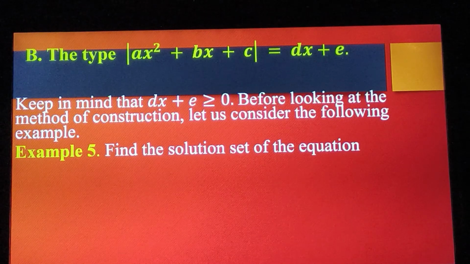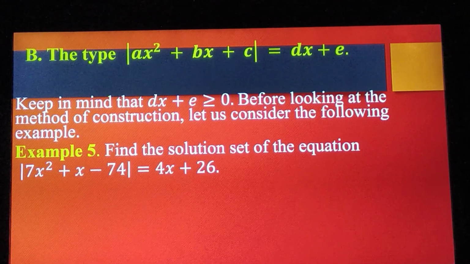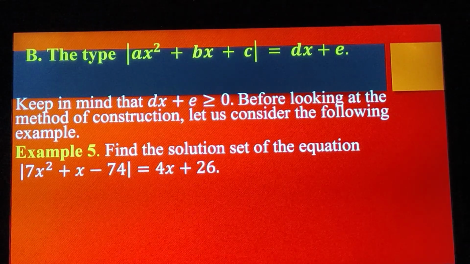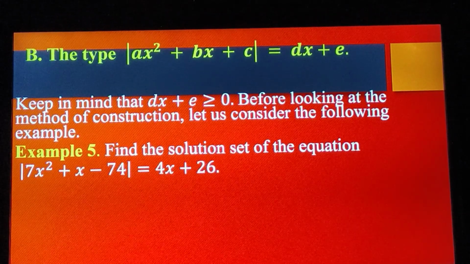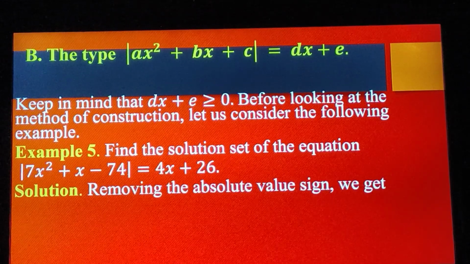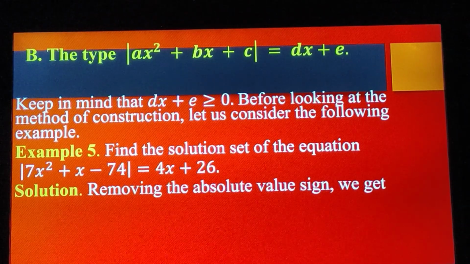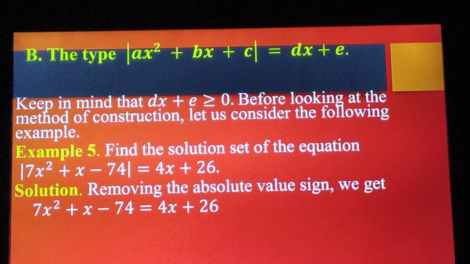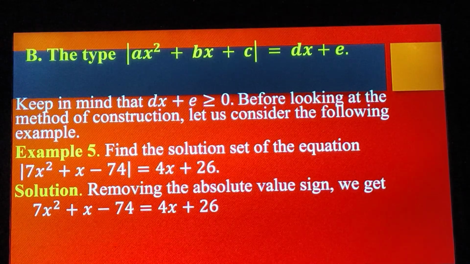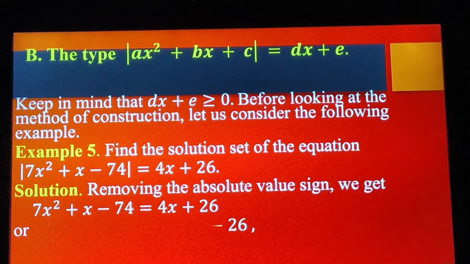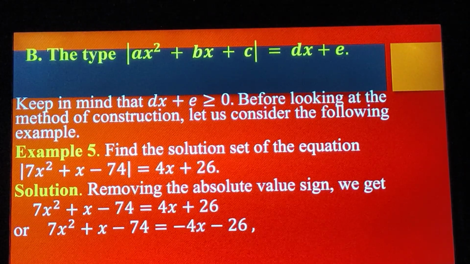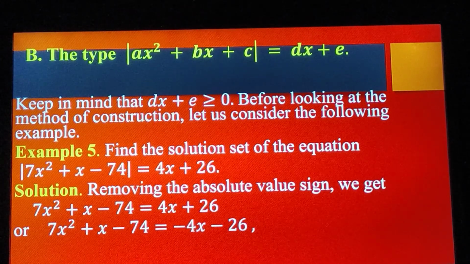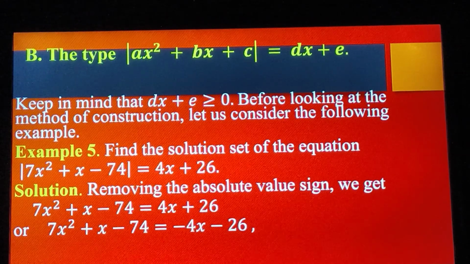Find the solution set of the equation absolute value of 7x squared plus x minus 74 equals 4x plus 26. So solution, removing the absolute value sign, we obtain the equation 7x squared plus x minus 74 equals 4x plus 26. And the other one, 7x squared plus x minus 74 equals negative 4x minus 26.